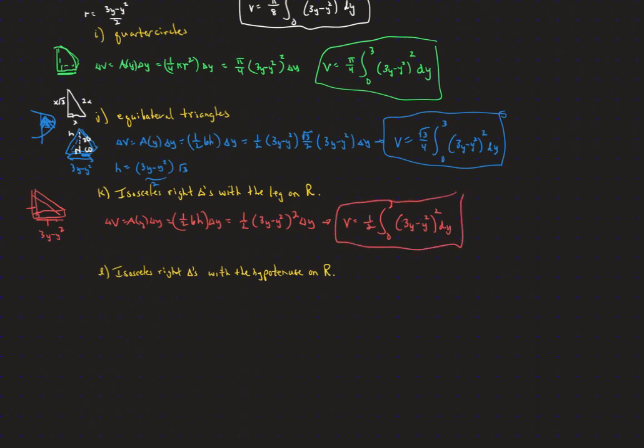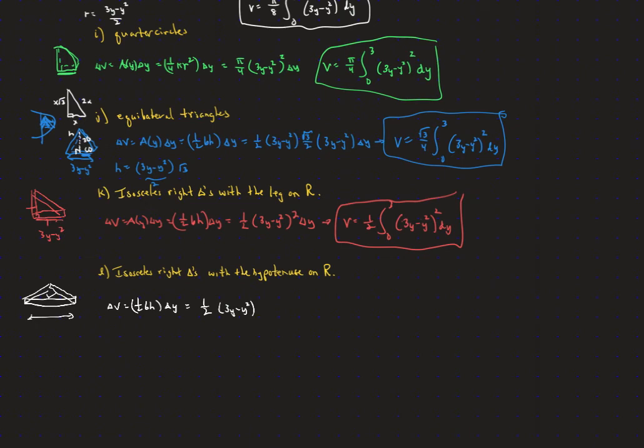Okay, and now we're going to do our isosceles right triangle with the hypotenuse. So here's our rectangle laying on there. Now we're going to imagine that that's the hypotenuse. So it's going to look something like that, where there's the right angle. So again, our delta volume is going to be 1/2 base times height, the area, times a delta y. So the base is going to be just our function, that's the 3y minus y squared.